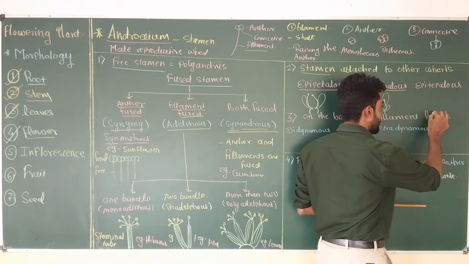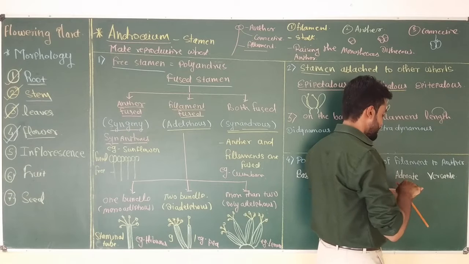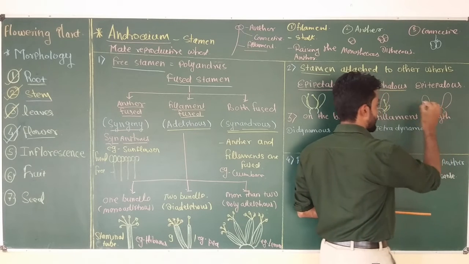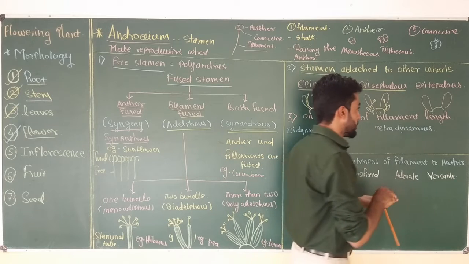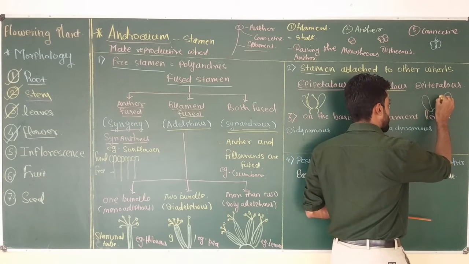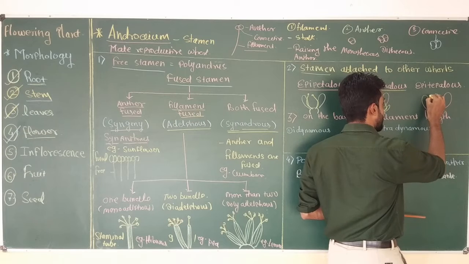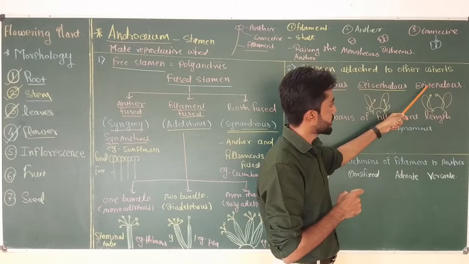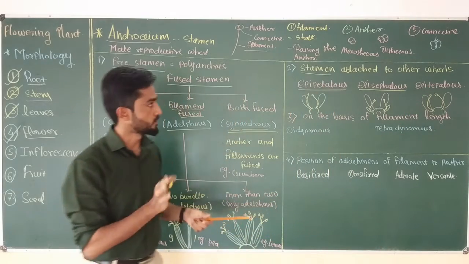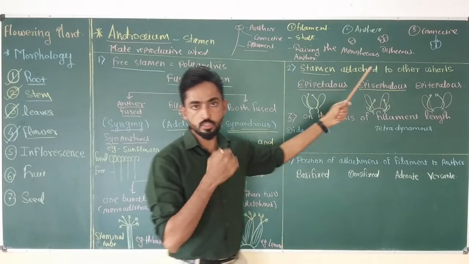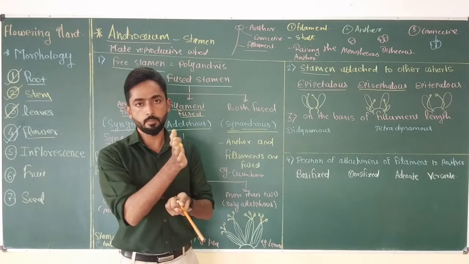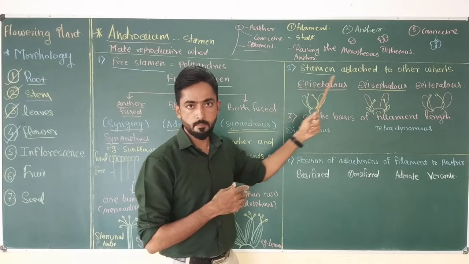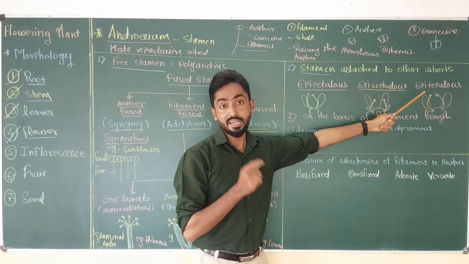Suppose this is the thalamus, and the thalamus has a different structure called tepals, and part of the filament is attached with the tepals and part is free, that is, the anther is free. Such a condition is called epitepalous. So on the basis of attachment of the stamen to the other whorl, that is calyx, corolla and perianth, there are three different types of stamen: epipetalous, epicalycous and epitepalous.